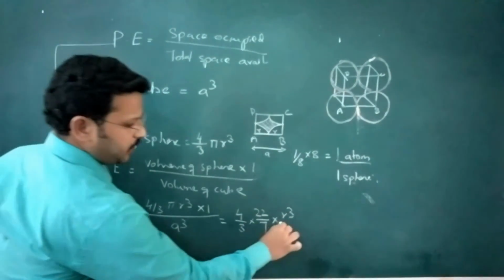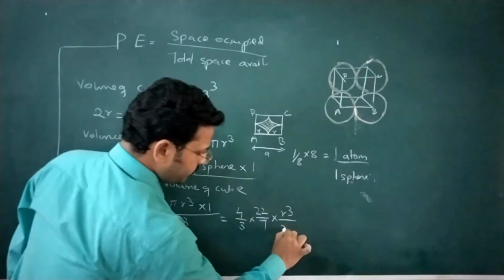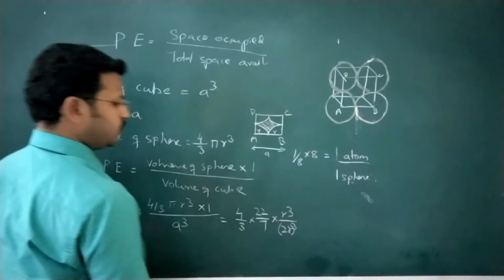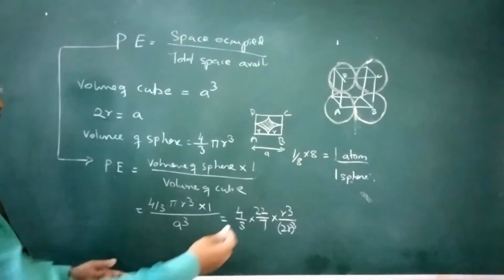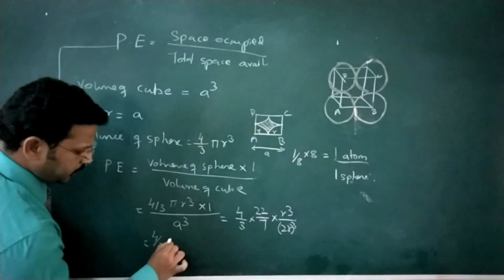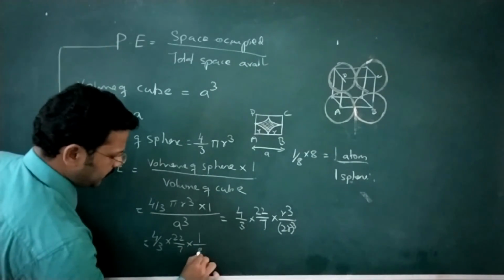This a cube can be written as 2r the whole cube, which is 8r cube. So r cube will get cancelled. Finally we will have 4/3 into 22/7 into 1/8.